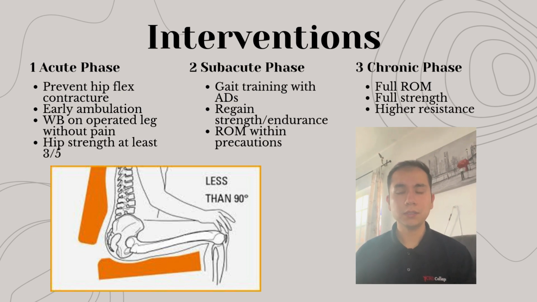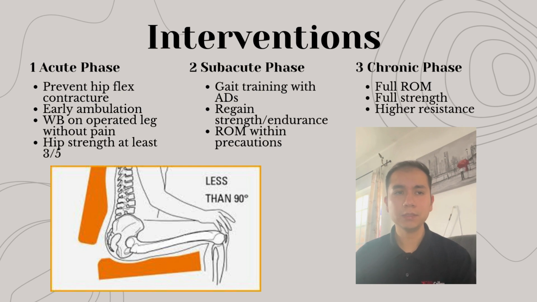So on the interventions for each phase of rehab, the acute phase will last around 0 to 3 or 4 days, and it will be an inpatient setting. During this time, we will have to prevent hip flexion contracture, promote early ambulation, and promote weight bearing on the operated leg.